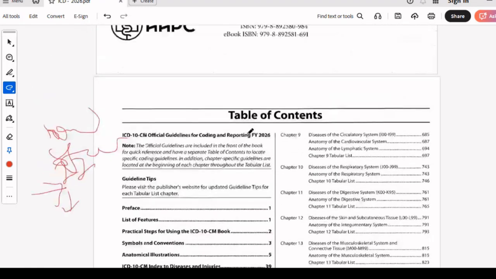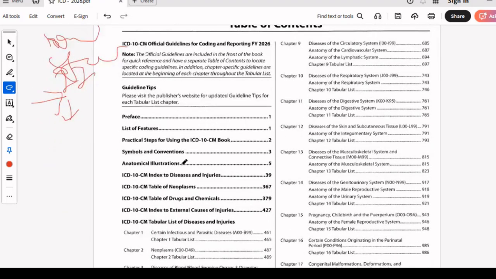In these 22 chapters, we can see the ICD-10-CM official coding guidelines for reporting following year 2026. That means every year the book is updated in the month of October, but we use this ICD-10-CM from the month of January.